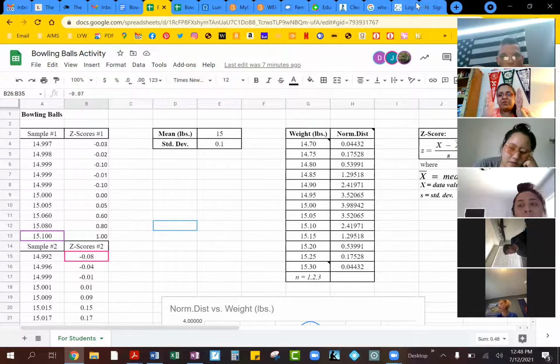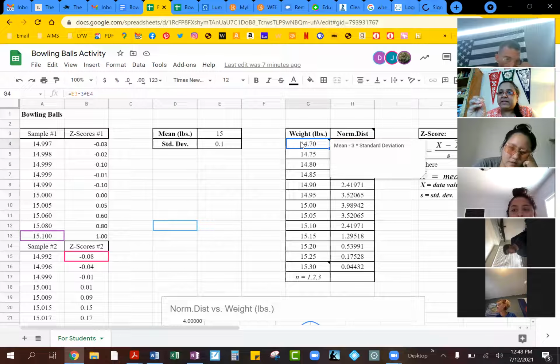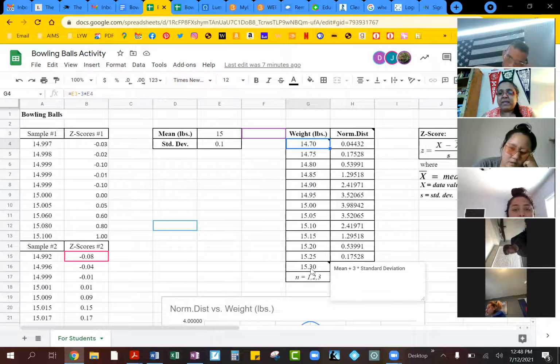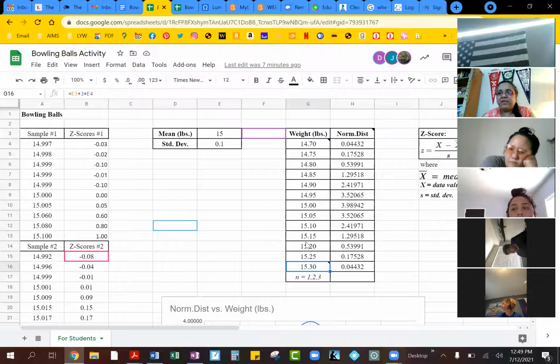We are just trying to create what those 1, 2, and 3 standard deviations would look like on a normal distribution curve. So that's why we start out with the 3 standard deviations below the mean, which is at 14.70, and then 3 standard deviations above the mean, which is at 15.30. And then for these numbers, we just added 0.05 to fill in those gaps.